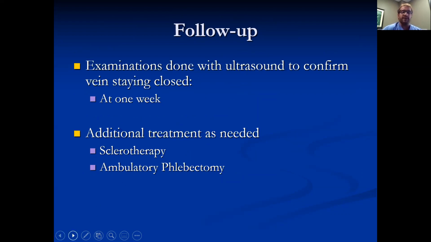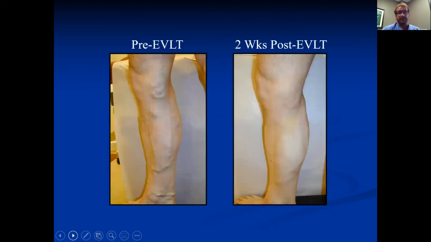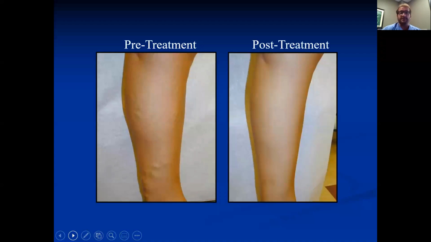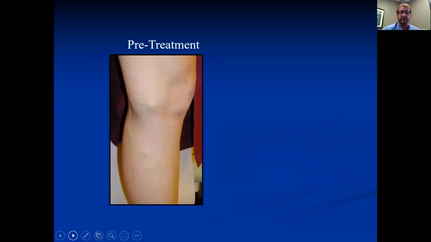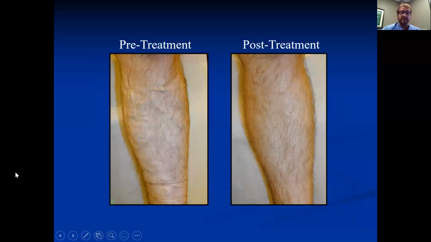The ambulatory phlebectomy is for patients with very large veins after we've done the endovenous laser treatment. I'm going to finish off with just some examples of what it looks like weeks after EVLT, and how much improvement there is even from just the endovenous laser treatment.